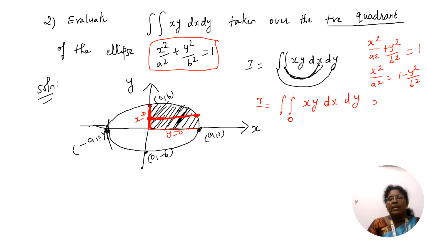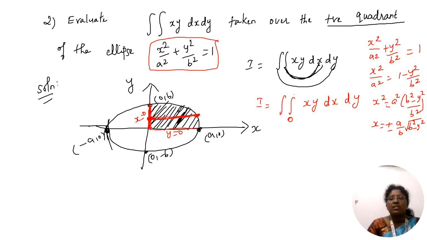So this will become x square is equal to a square into b square minus y square divided by b square. But we need only x, so find x by taking the square root. So we will be getting plus or minus a by b into root of b square minus y square. But here our region is in the positive quadrant, so we'll take only the positive value.